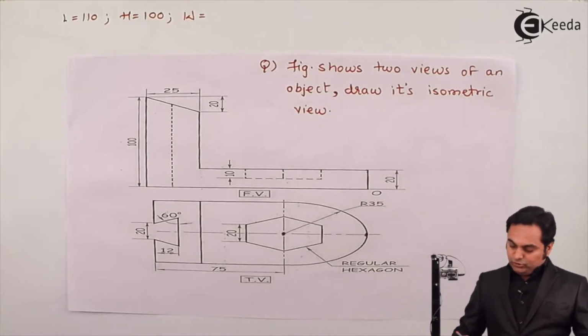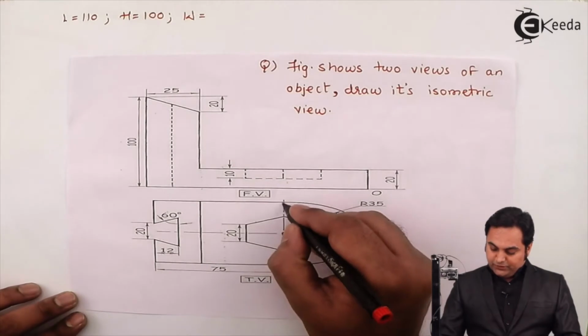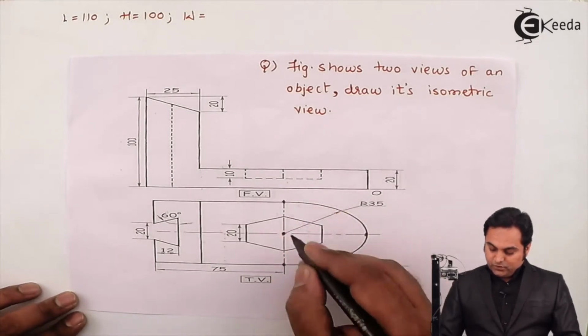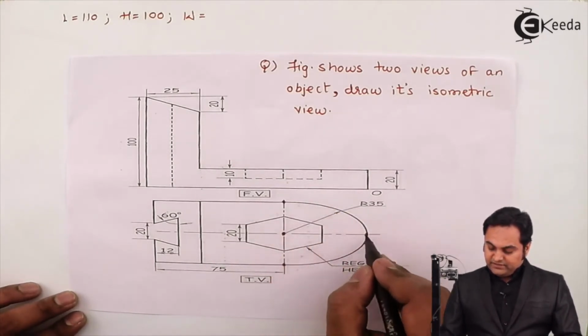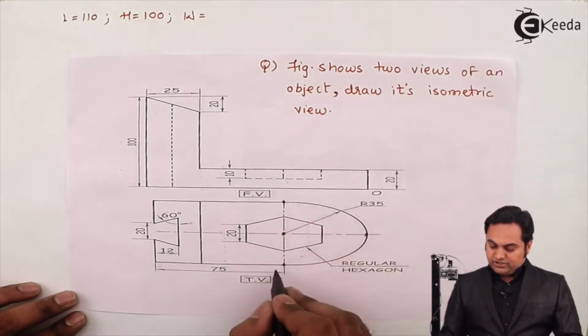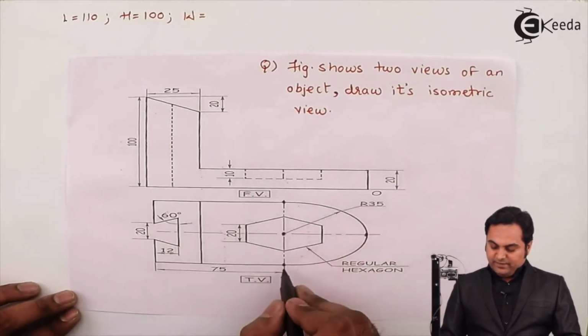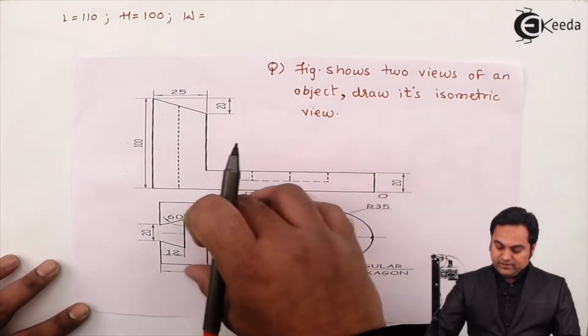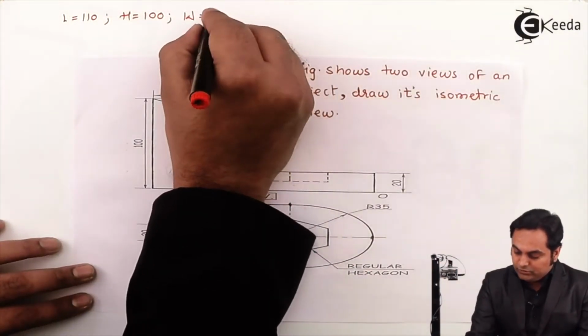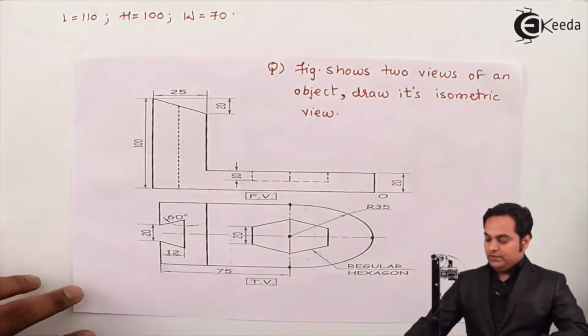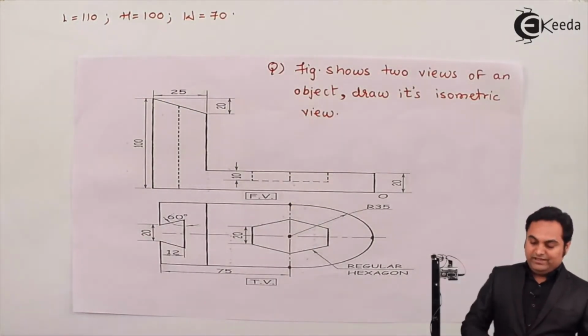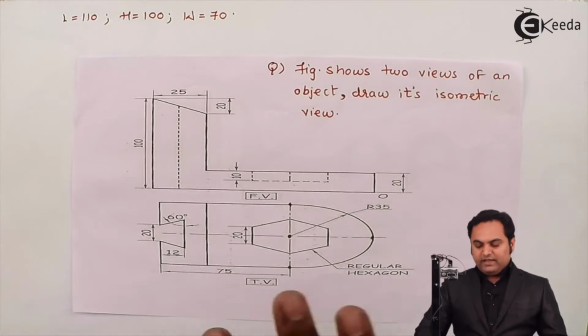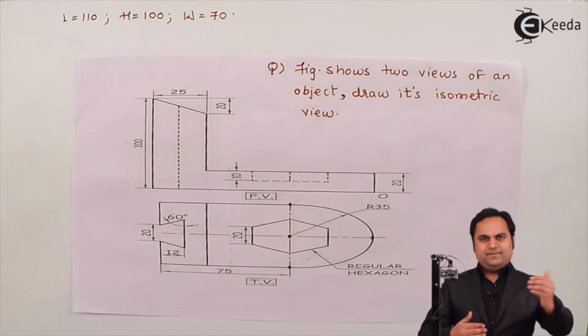The total width corresponds to this height, which is nothing but the diameter of this semicircle. Radius is 35, so diameter is 70, and that 70 width goes on continuously, so that becomes the total width. Now once I have the total length, height and width, I'll start explaining the drawing step by step.